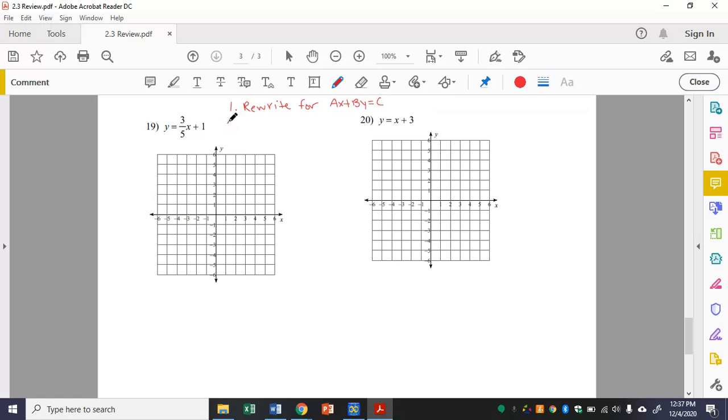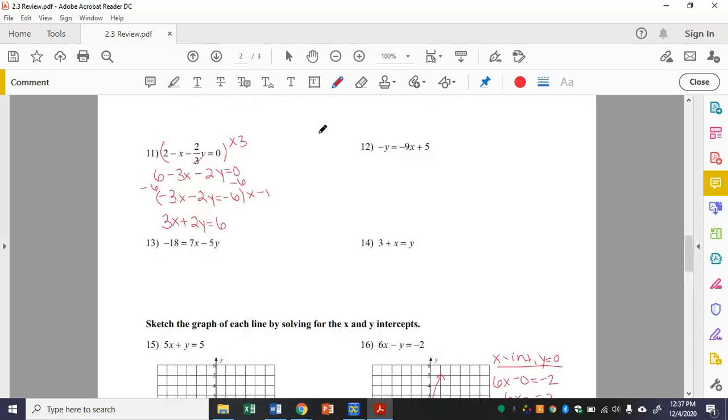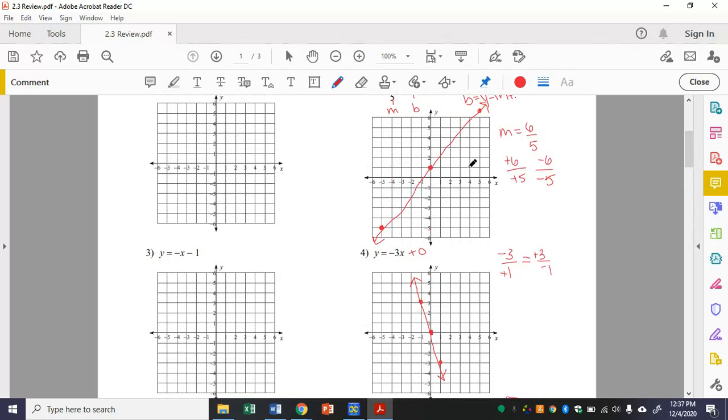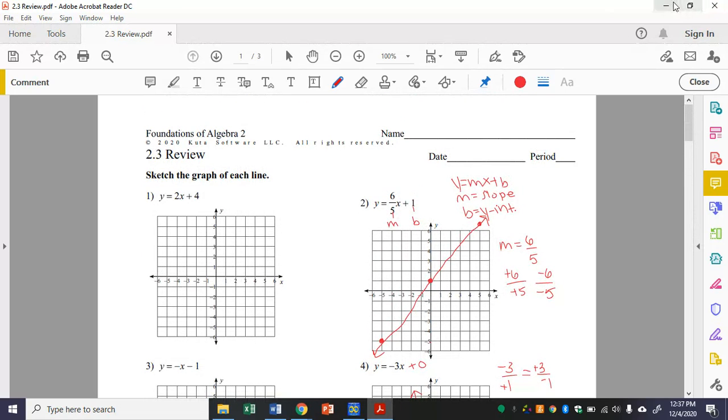Once you have your equation in standard form, then you can find the x and y intercepts, just like we did above. So this is combining the two sections that we talked about: rewriting the equation in standard form, and then finding the x and the y intercepts. Okay, so hopefully this helps. If you do have any questions, you can ask me tomorrow before the quiz.